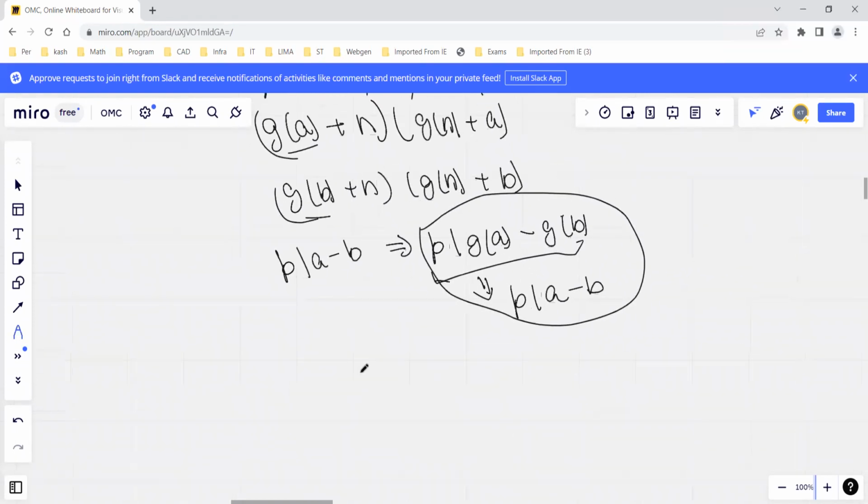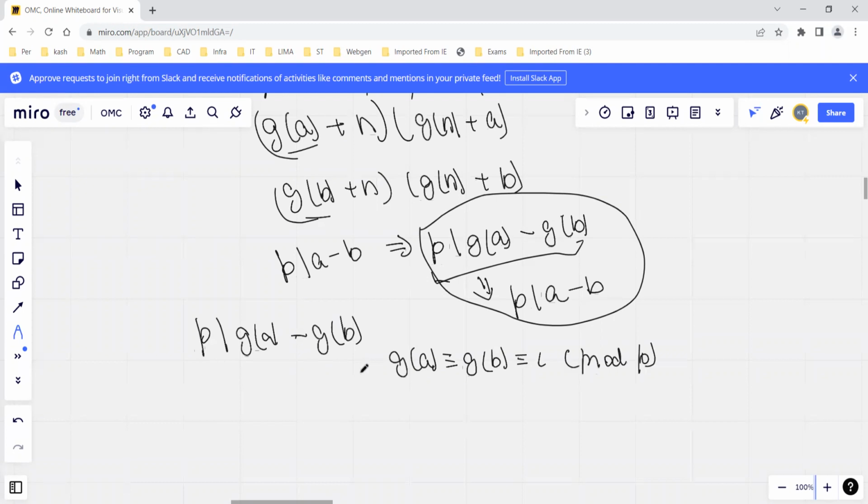Yes, very good. So if P divides G of A minus G of B, then we can say that G of A and G of B are congruent modulo P. Then we can put N as P minus K, and then we can prove that G of P minus K plus A and G of P minus K plus B both have P as one of their factors.